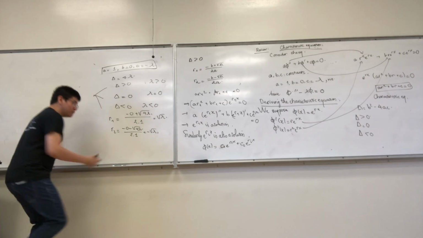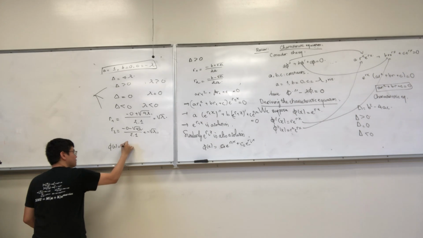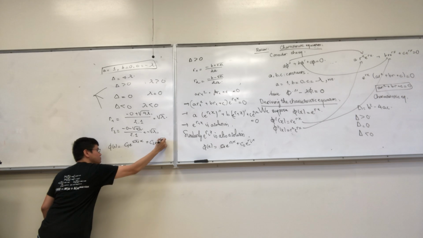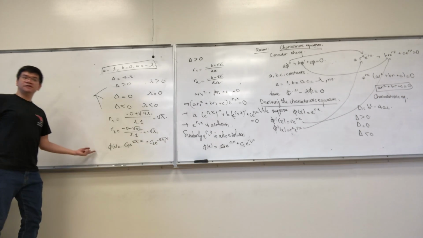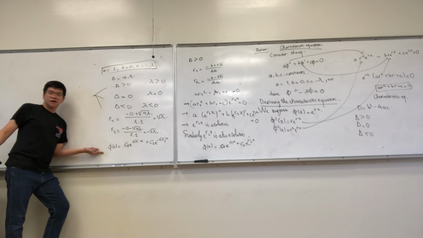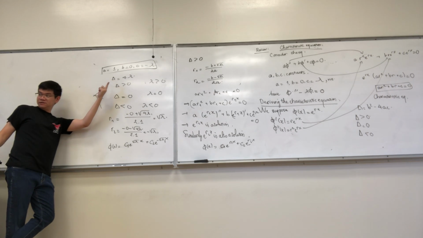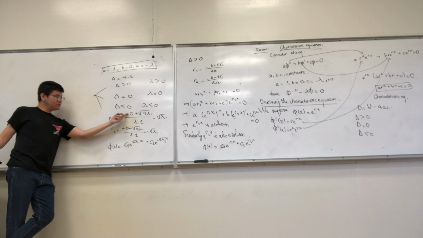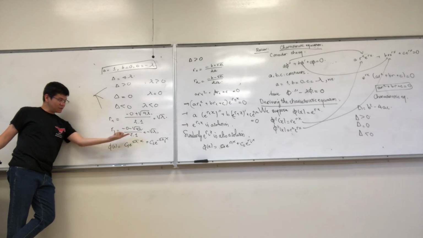So this is why you have a solution of the form C1 e to the square root of lambda x plus C2 e to the minus square root of lambda x. This is case number 1. In the case where A is 1, B is 0, and C is minus lambda, R1 will be minus 0 plus the square root of lambda divided by 2, and you get the square root of lambda, and R2 will be minus the square root of lambda.